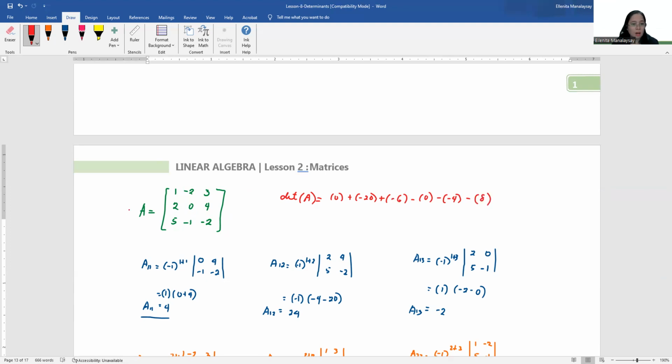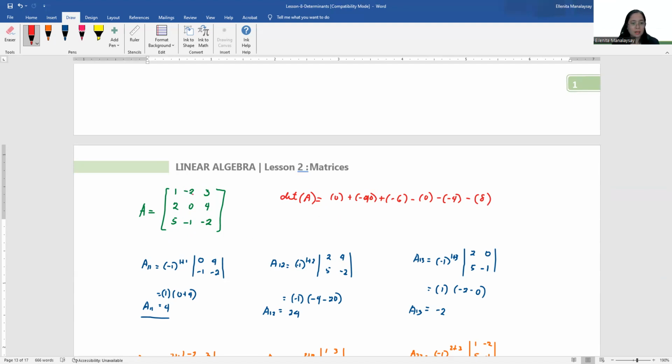Okay. Let me double check. This is 0, 2, 4, and 5. Okay, that's 0. -2 times 4 is -8 times 5 is -40. And then 3, 2, -1, that's -6. Then we have this is 0, -1, 4, 1, that's -4.